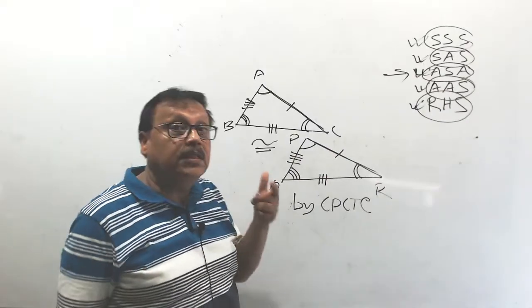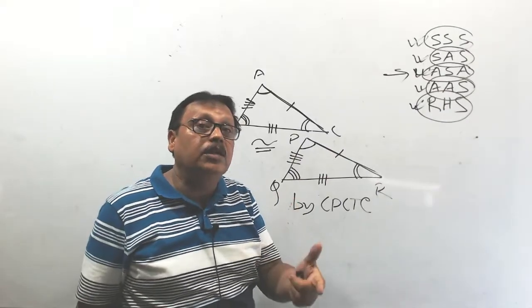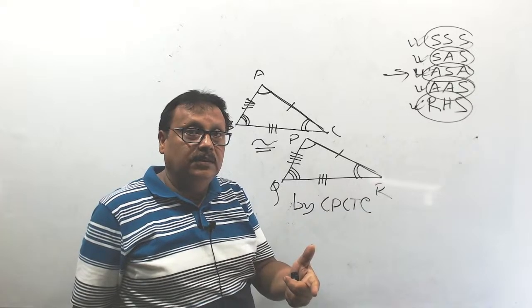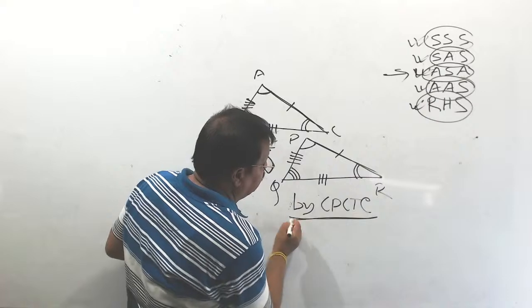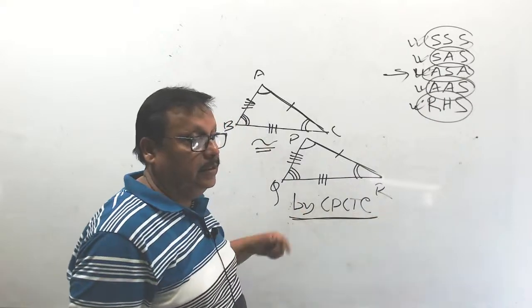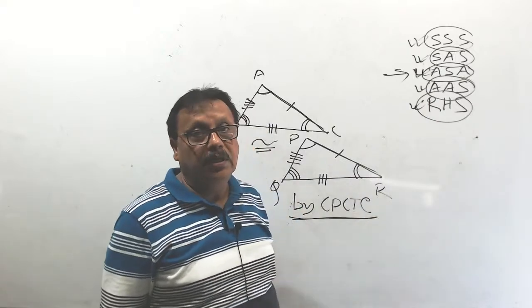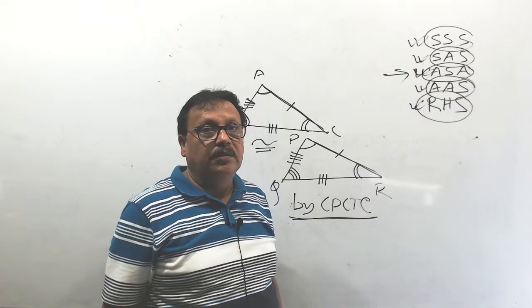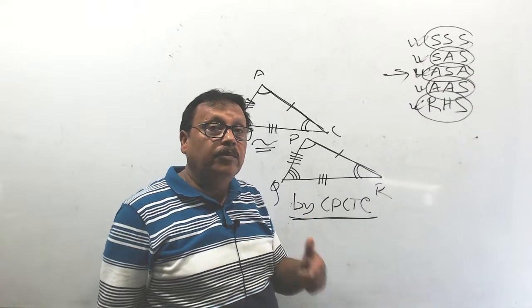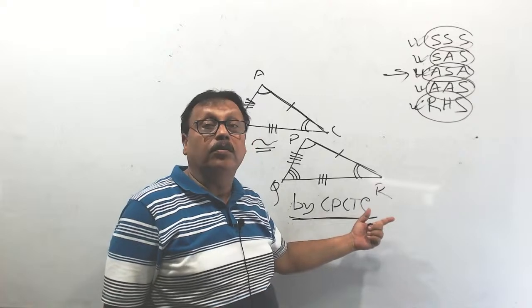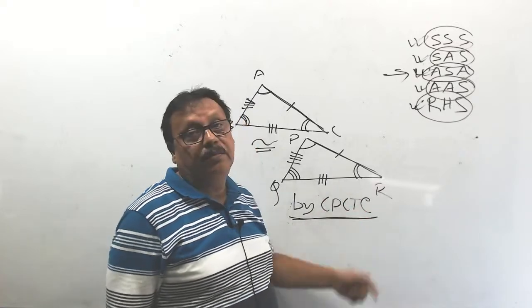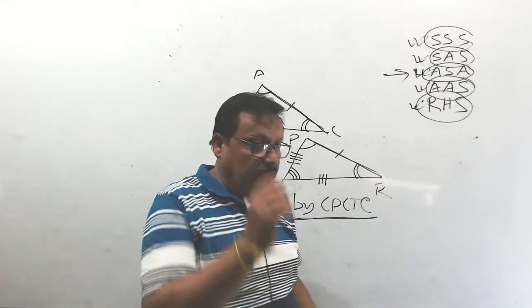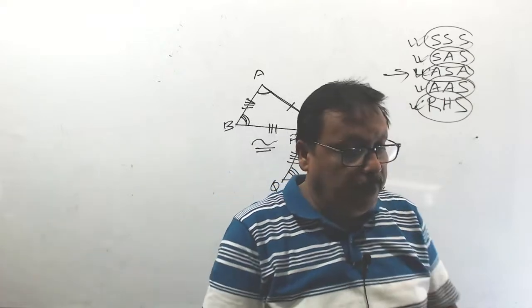So the remaining 3 elements also will be equal after proving the congruency. And we will write this way by CPCTC. The rest 3 also will be equal. According to the question, you will answer by CPCTC. Okay, let us consider a problem.